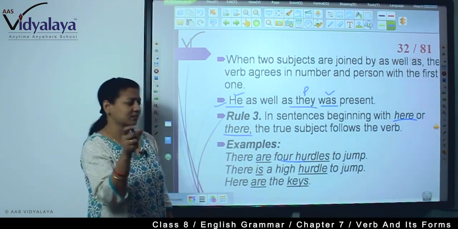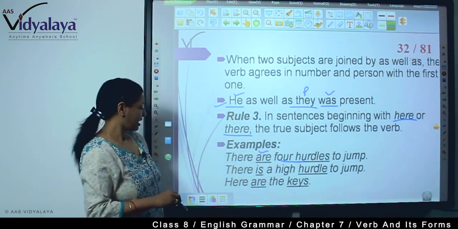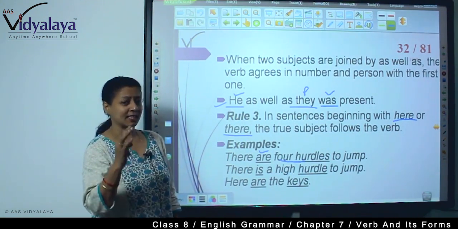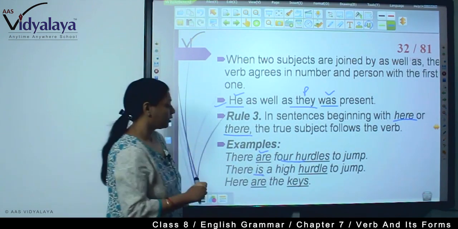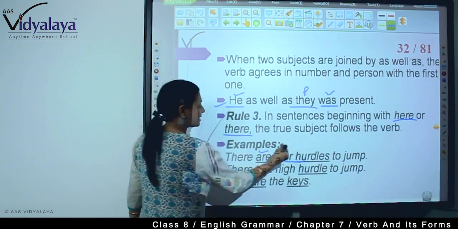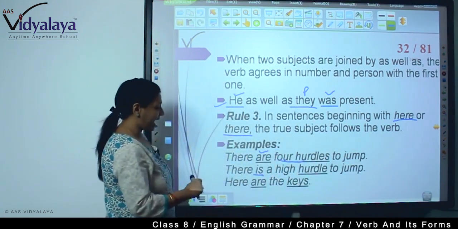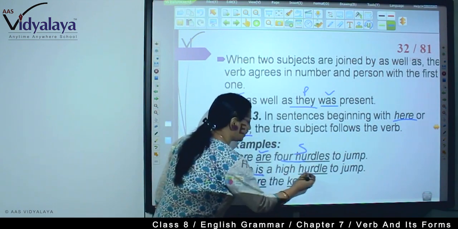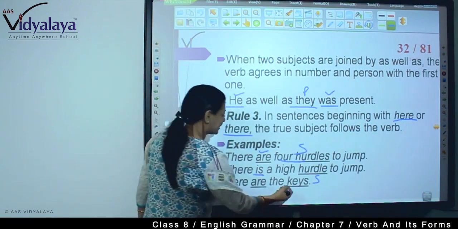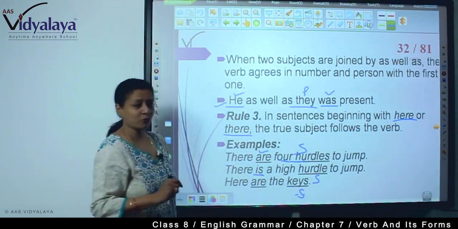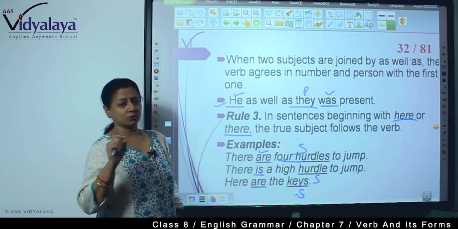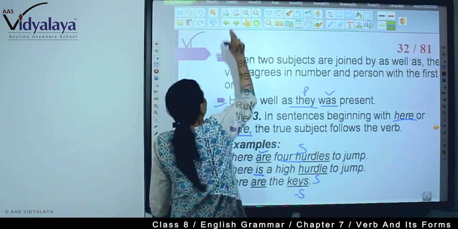So four hurdles, and your verb is "are." And "there is a high hurdle." A high hurdle, singular, so "is." Here you are seeing the subject is not at the front of the sentence. It is in the middle of the sentence, and according to this subject we need to write the verb. "Here are the keys." Keys is again the subject. So you will have to find the subject first and then write the verb according to the subject.